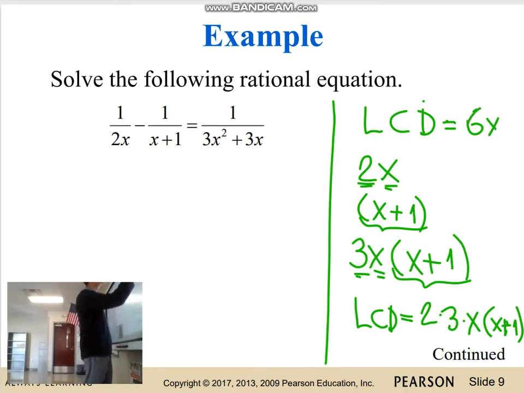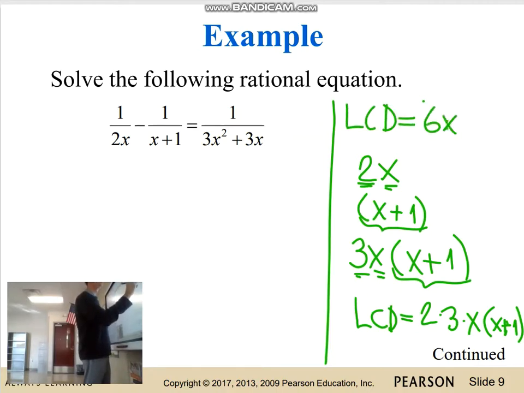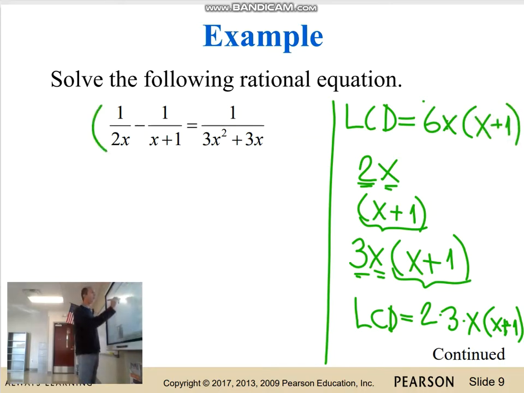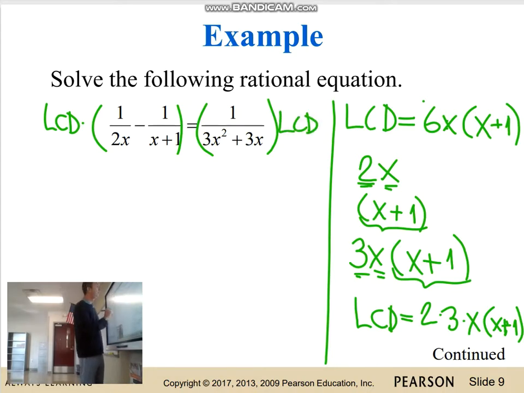Oops, it's going to be a little bit squeezed. Right, least common denominator equals 6x times x plus 1. Now multiply both sides of the equation by this least common denominator that you just found.